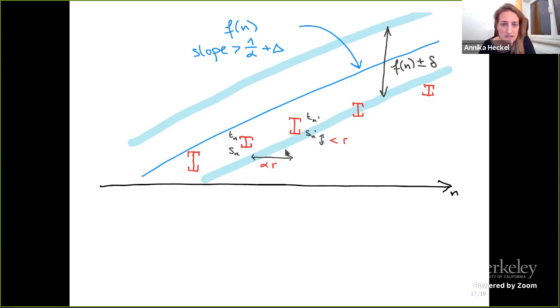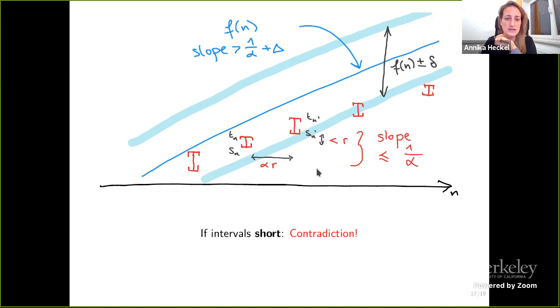From our coupling, if we go from n to n plus alpha times r, the next interval moves up by at most r, so the difference between the intervals is at most r. So the slope between the intervals is at most 1/alpha, because you go to the right by alpha times r and you go up by r.